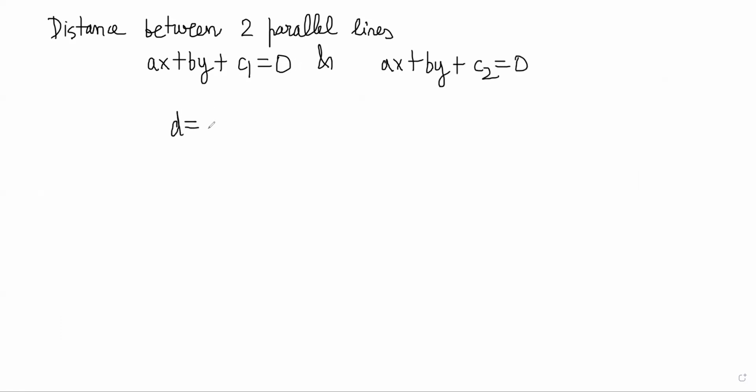The distance between the parallel lines is mod of c2 minus c1 by root over a square plus b square. Again, the proof is similar. You can actually just shift, or you can actually take the distance from the origin to both of the parallel lines and subtract that distance, right? So that will also help you find this formula.